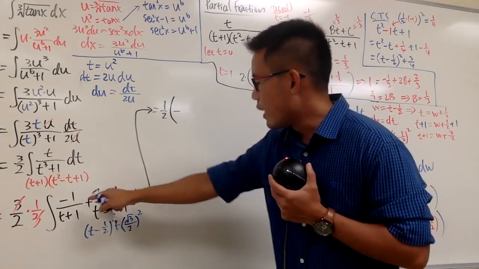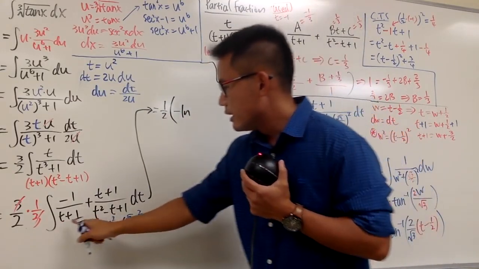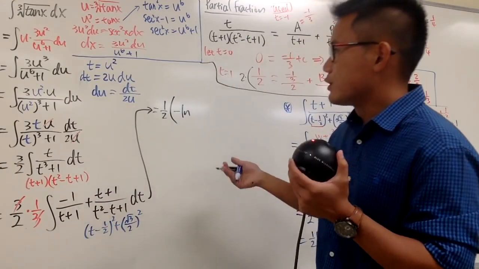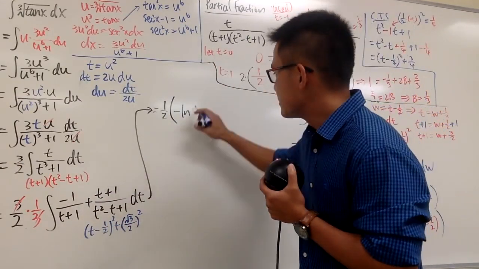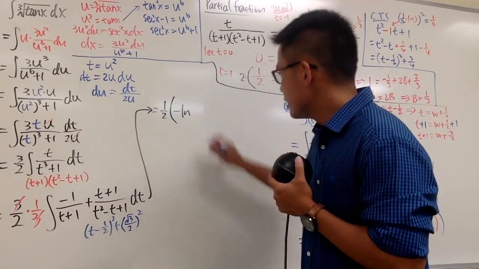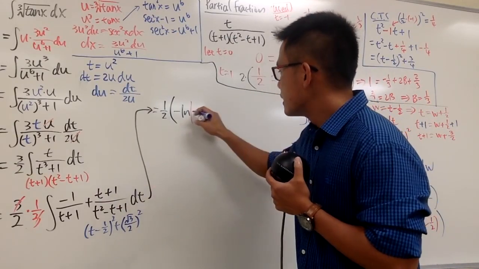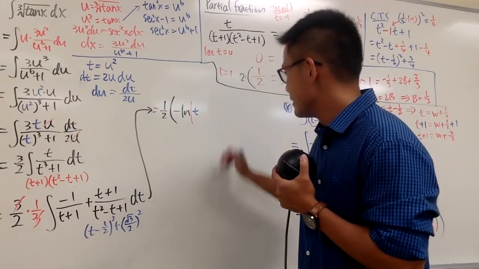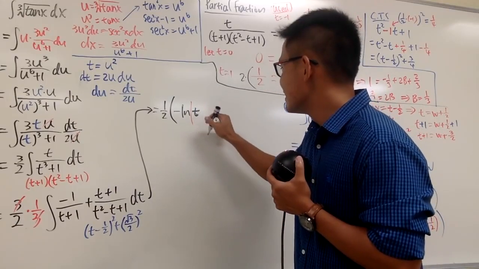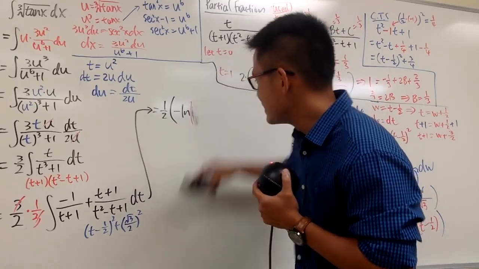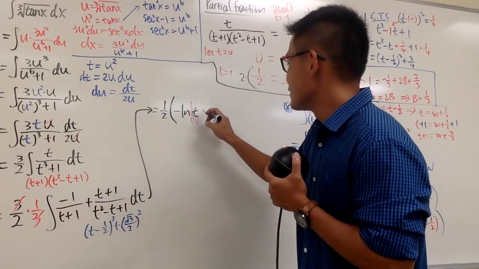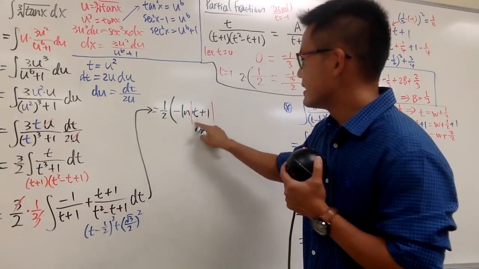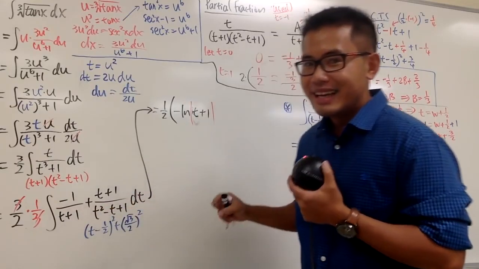We have -1, and then ln of t plus 1. I don't know if it's going to be positive or negative, so I'm going to just use the absolute value for now. So absolute value, t plus 1. I'm worried if I have enough space or not. All right, so this is the first one.